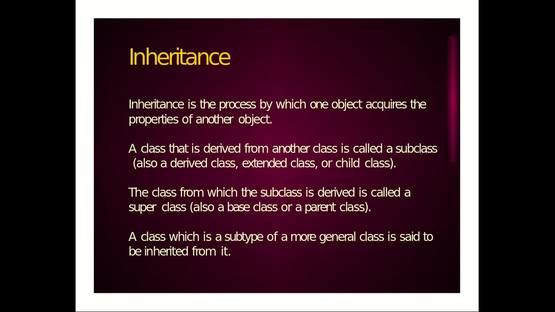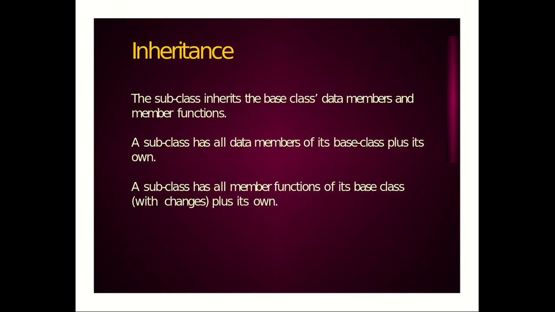The class that is derived from another class is called a subclass, derived class, extended class or child class, and the class from which the subclass is derived is called a superclass, base class or parent class. The class which is a subtype of a more general class is said to be inherited from it. The subclass inherits the data members and member functions of the base class.